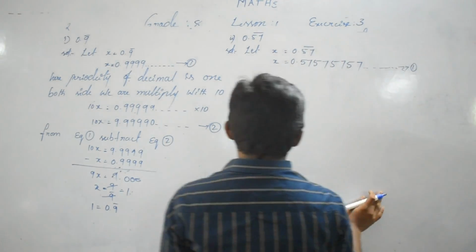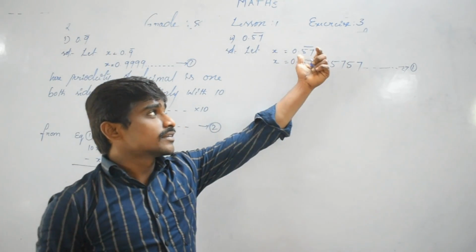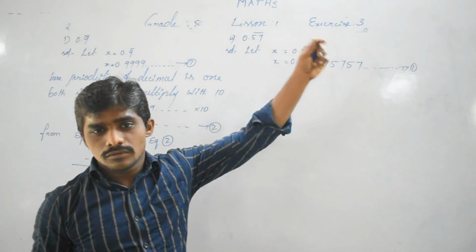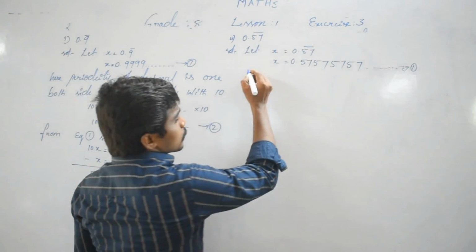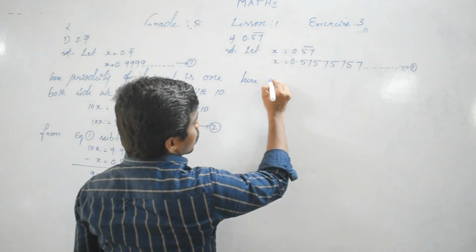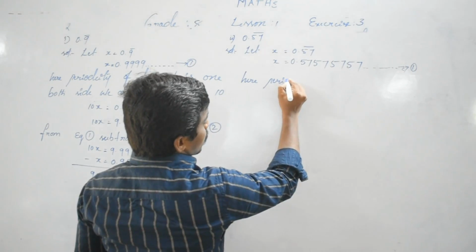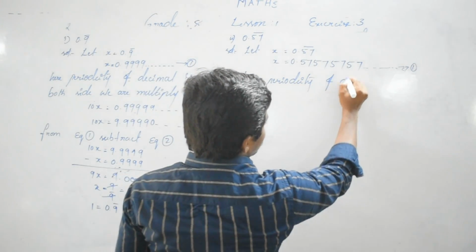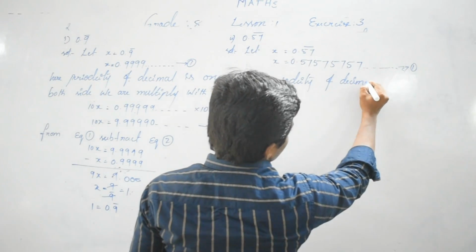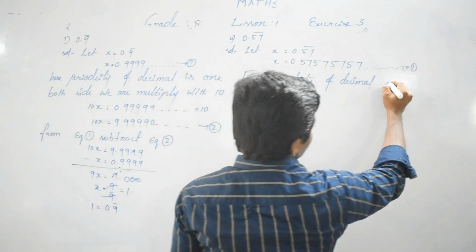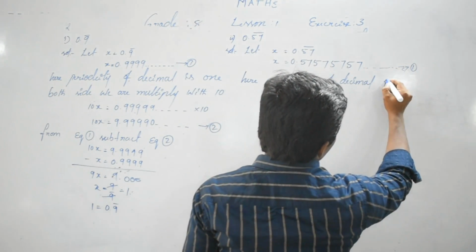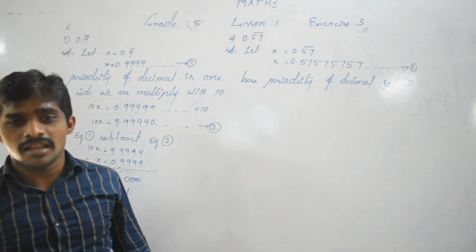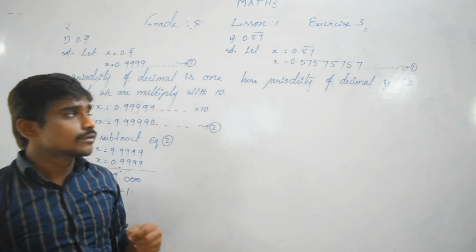Here, the periodicity of the decimal: how many numbers under the bar? 2 numbers. So here the periodicity of the decimal is 2.